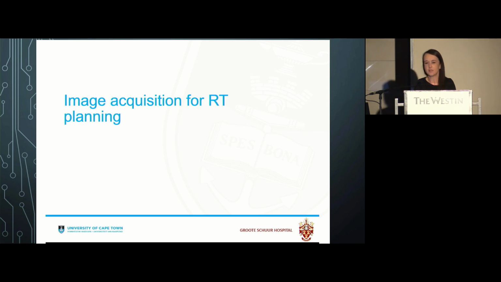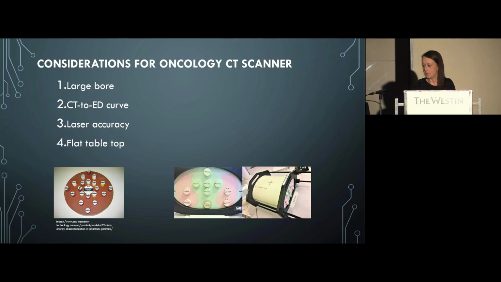So if we look at image acquisition specifically for radiotherapy treatment planning, there's a few considerations that we need to remember for oncology CT scanners. I'm not going to go into all the detail, but just as a reminder, we prefer a large bore, specifically to be able to fit the patient with all of the immobilization equipment inside. For our visitors from the US and Europe, in Africa, we have, with all due respect, big mamas, and we have to be able to fit those patients with our immobilization equipment in the CTs.